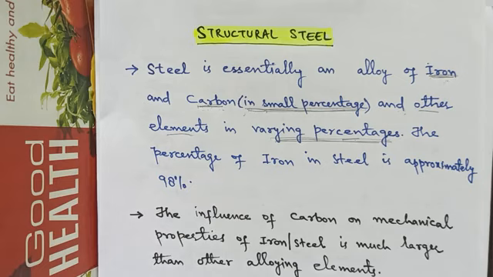Now, the influence of carbon on the mechanical properties of iron or steel is much larger than other alloying elements. Actually, the atomic diameter of carbon is less than the interstices, that is, the intervening spaces between iron atoms, and the carbon goes into the solid solution of iron.